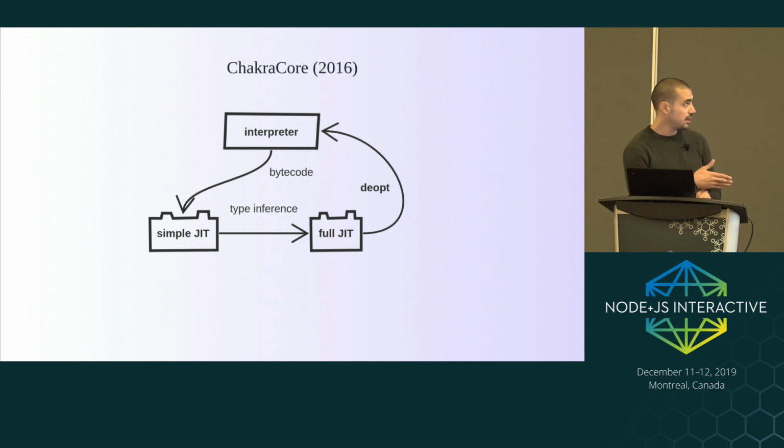But by that time, they had an interpreter and 2 compilers, one for simple optimizations and one that offers the complex optimizations. But one can assume that they also had their share of experimentation before deciding on this final architecture that we see here.